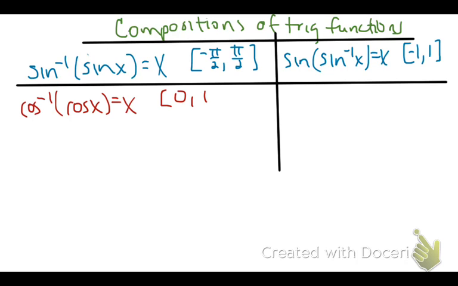From 0 to pi. And then cosine of inverse cosine of x equaling x must stay in the domain of your inverse cosine, and the domain of your inverse cosine is negative 1 to 1.